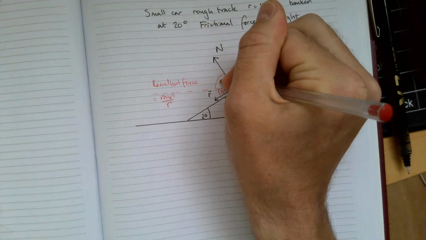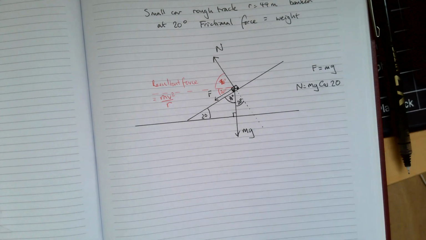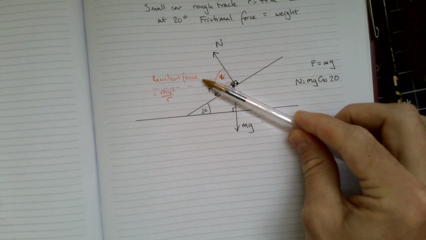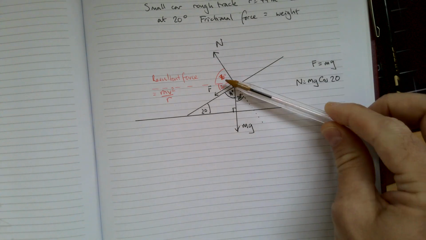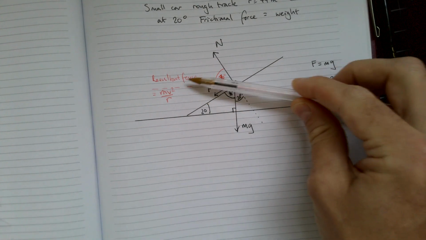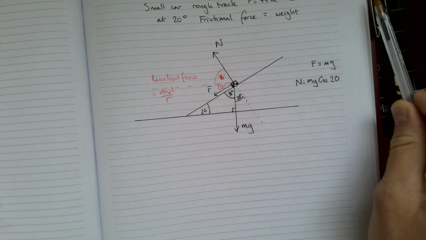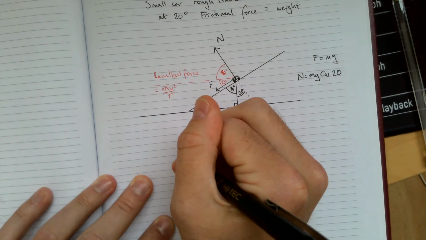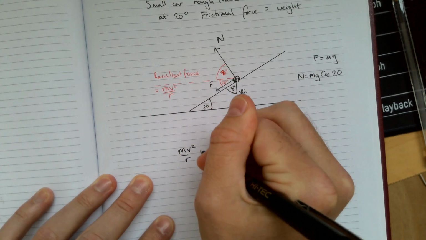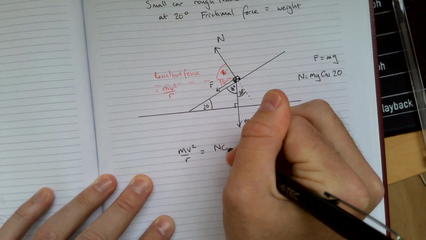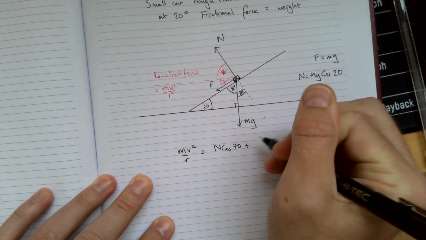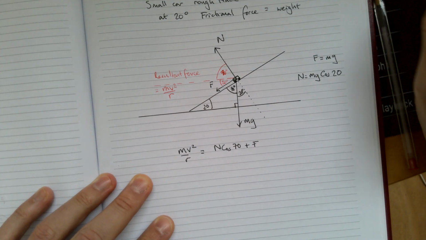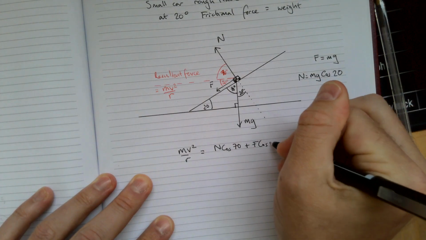Oh, and I've written 90. Try again, 70. So, again, using cosine, N cos 70 is the component of N in the direction in the horizontal plane. F cos 20 is the component of F in that plane. So that means that the resultant force mv squared over r must equal N cos 70 plus F cos 20.